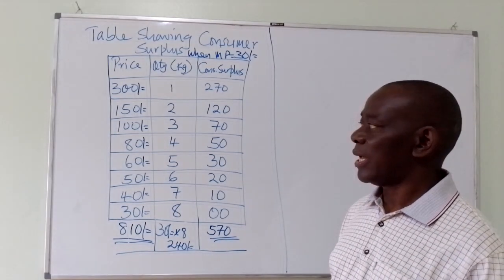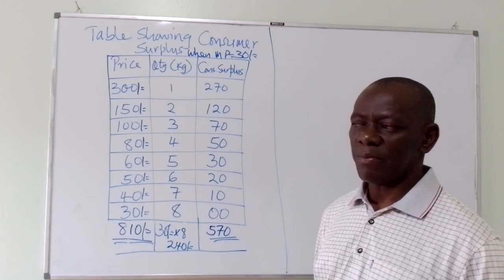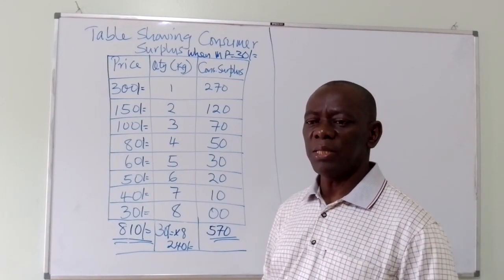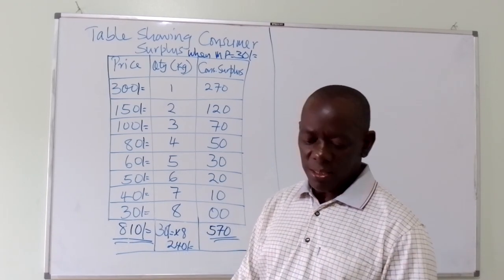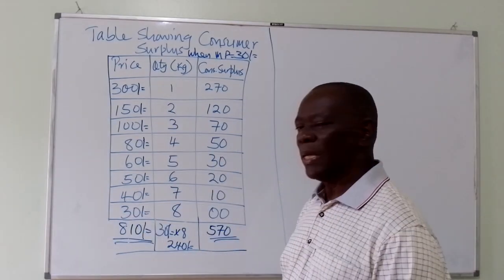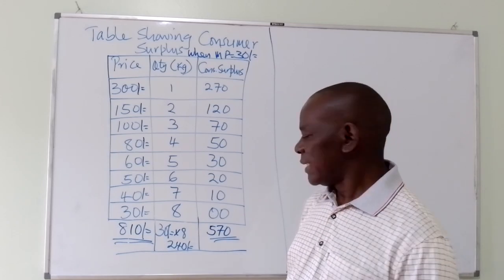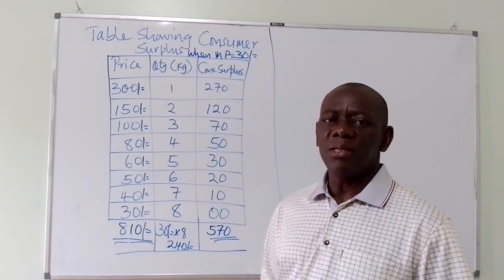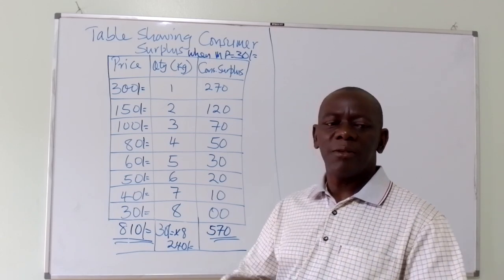Remember I told you, our consumer surplus is not excess, because surplus sometimes in English means excess. You have a surplus, but you get something additional. No, it is additional because of the market price. This is what remains when you have spent on the commodities that you wanted.